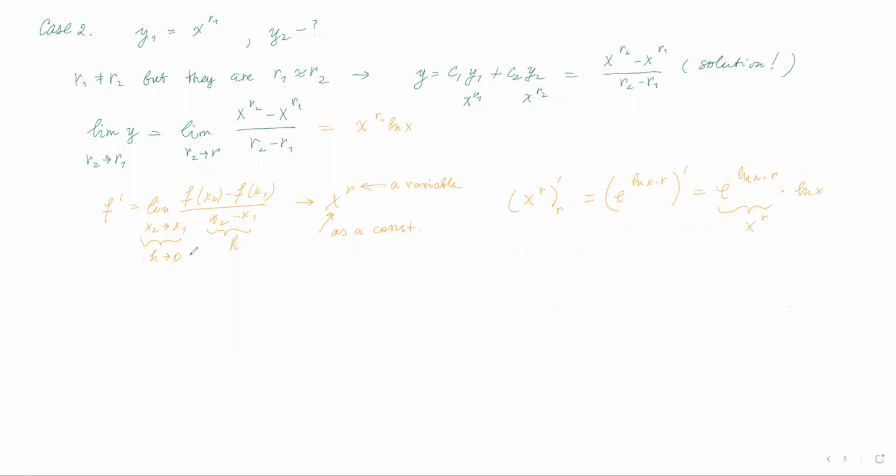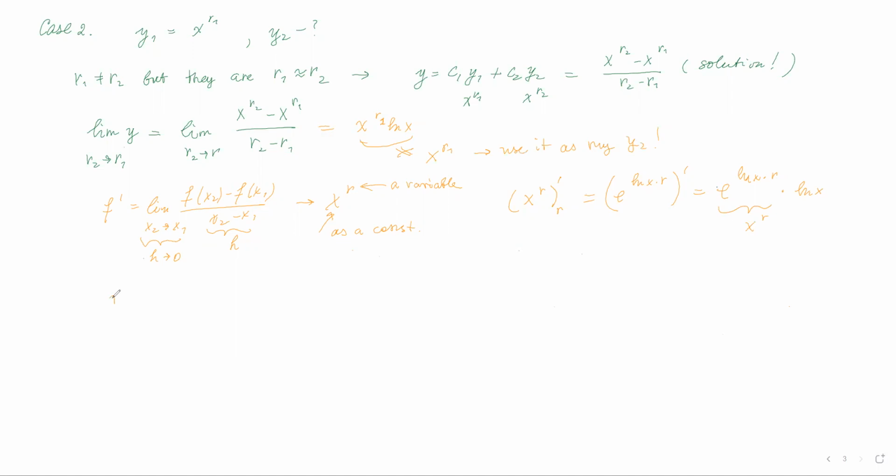Now I'm just going to have my second solution, because this solution is different, not equal to x to the power of r1. If you compare them, they are totally different. This doesn't look like 1, right? I'm going to use it as my y2.